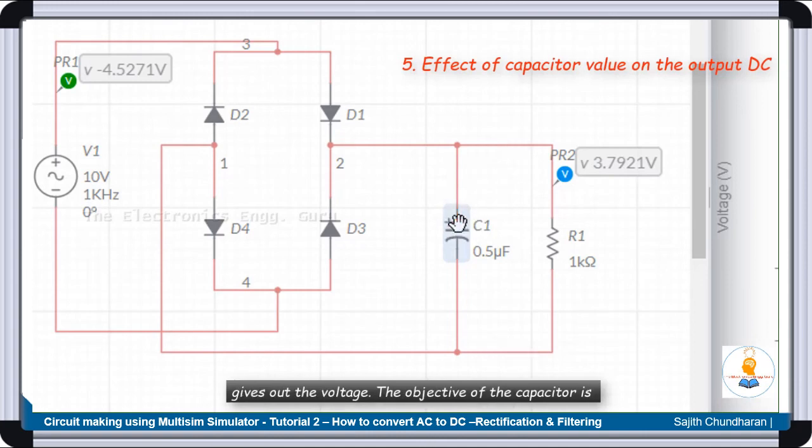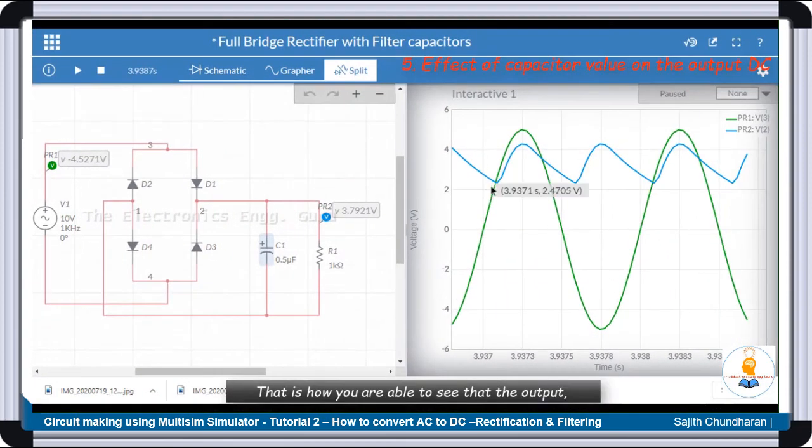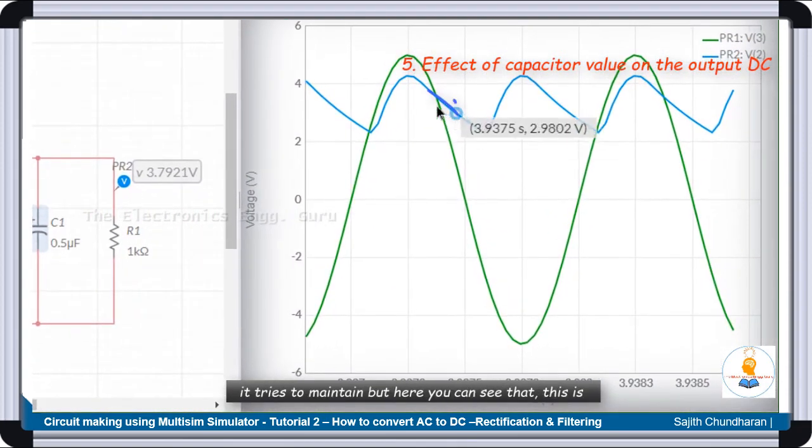The objective of the capacitor is to maintain the voltage. So when the input voltage tries to come down below the voltage which the capacitor has got, the capacitor itself acts as a source of voltage and discharges to the load resistor. That is the objective of keeping this capacitor at this particular place. Whenever the input tries to fluctuate from a fixed voltage, the capacitor tries to maintain it.